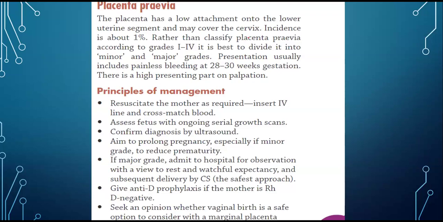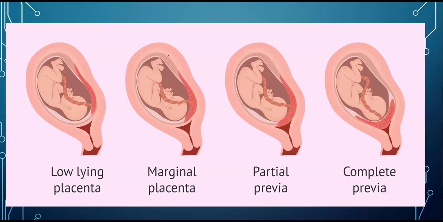The problem with placenta previa, if you look at this picture, is that at some point the baby will start to descend downward, right? And the baby will become bigger and bigger. So if the placenta is staying on the lower end, when the baby starts to descend, it can start compressing this placenta.